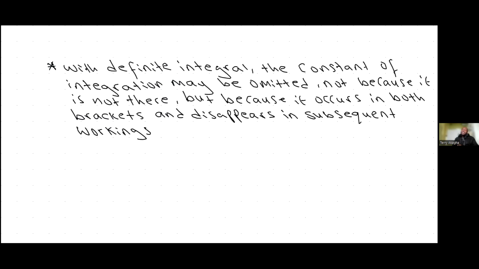So it's not that the C is not there, it's just that the C disappears, because when we finish up the workings, the two subtract each other and cancel out.